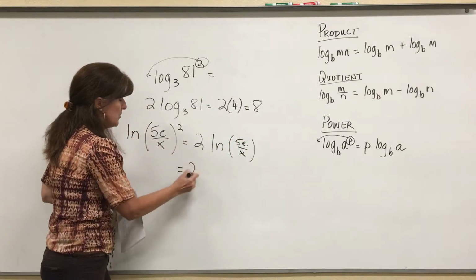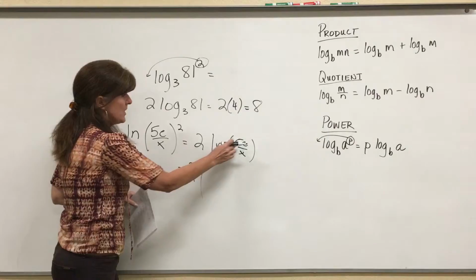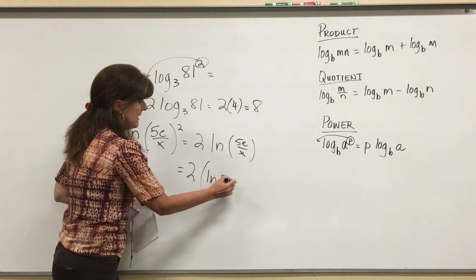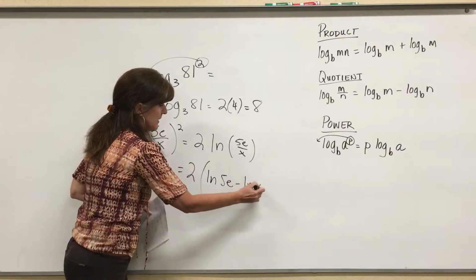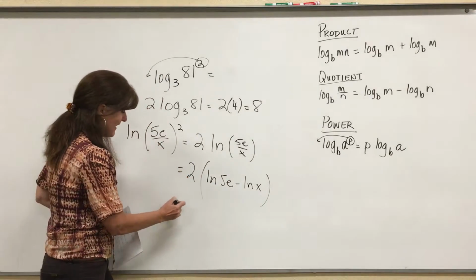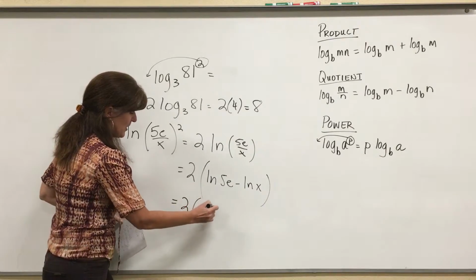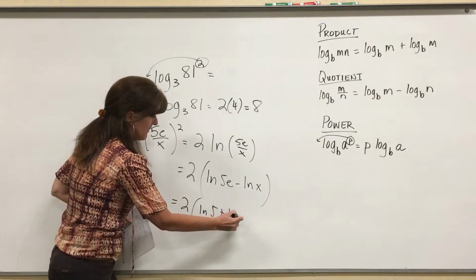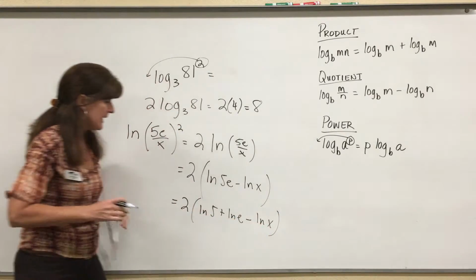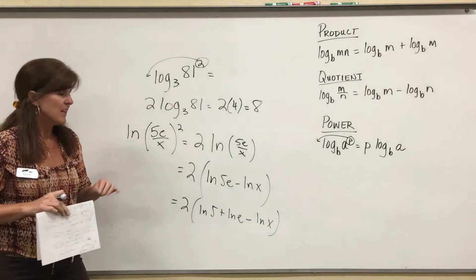And then I have 2 times, and then I know I have a division. So natural log of 5e minus natural log of x. I have a multiplication here. So now I have 2 times natural log of 5 plus natural log of e minus natural log of x. And that would work for me.